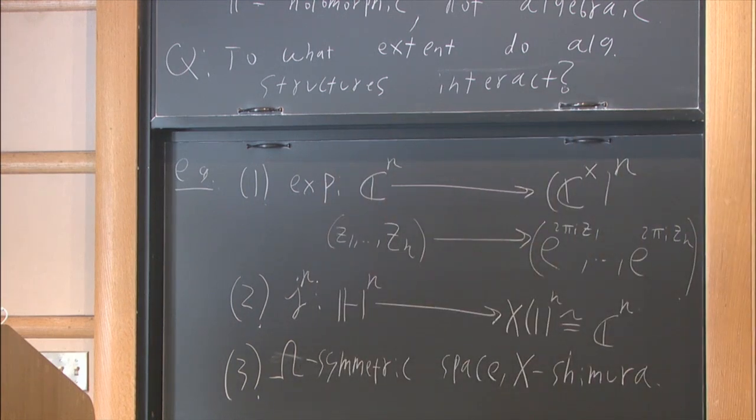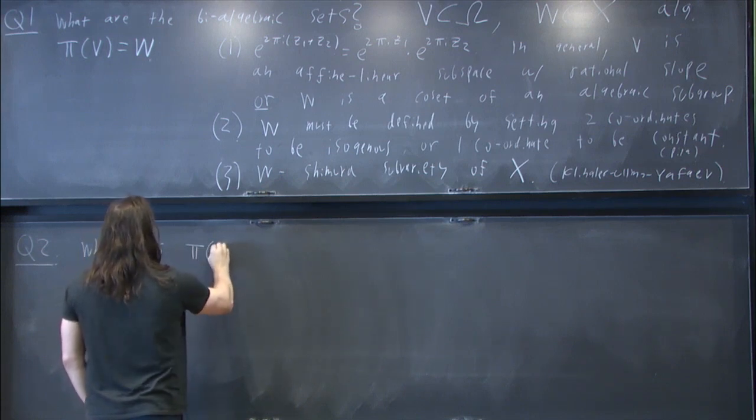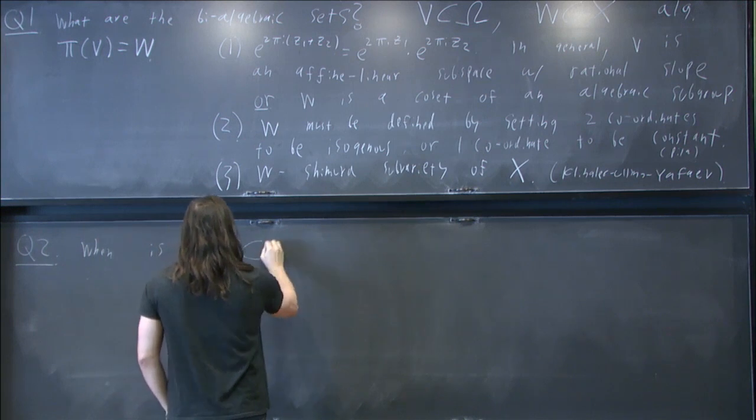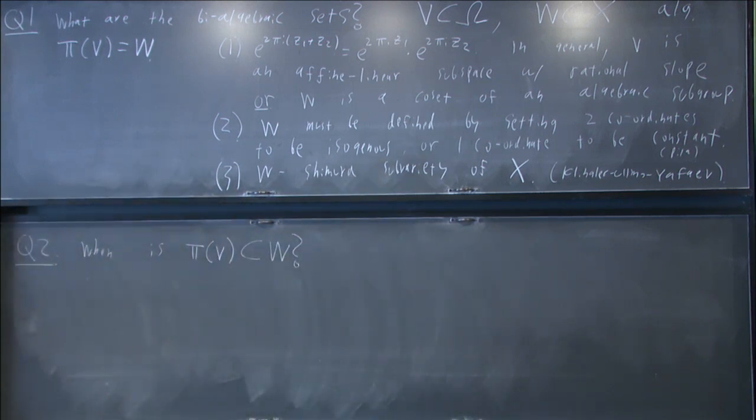So formally speaking, I can ask when is pi of V, for the same setup, contained in W. So in the classical C to the n case, I'm asking when I can take an algebraic variety here which satisfies some non-trivial trigonometric polynomials. This is already a much more complicated question.